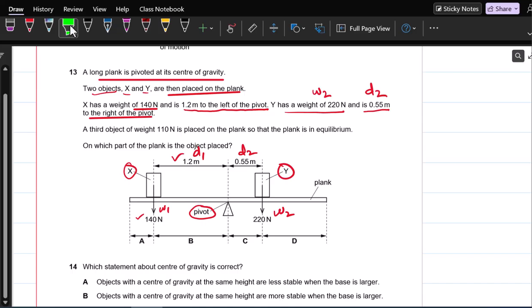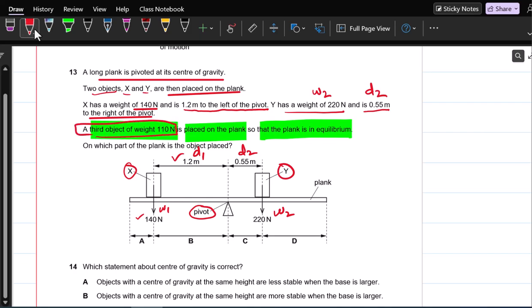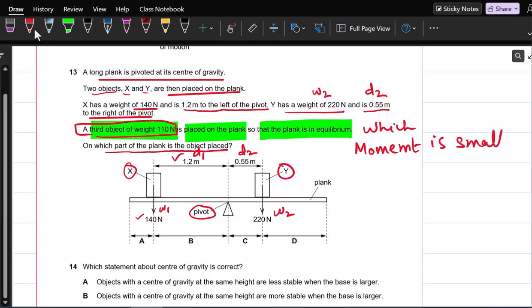They are saying a third object of weight 110 Newton is placed on the plank so that the plank is in equilibrium. It means before placing this third object, it is not in equilibrium. So on which part of the plank is the object placed? Dear students, see in which direction the moment is smaller. Clockwise or anticlockwise?